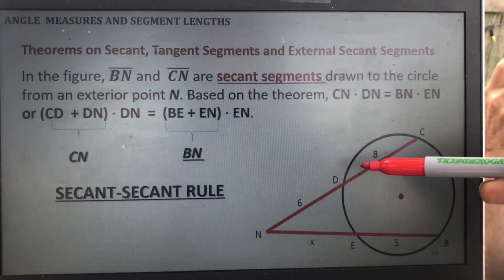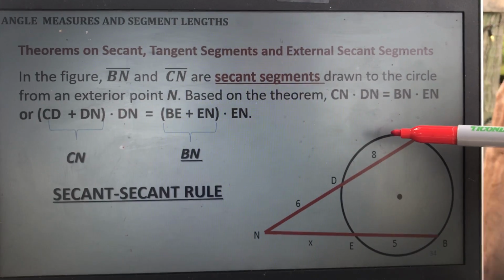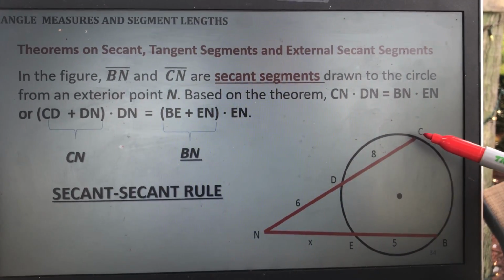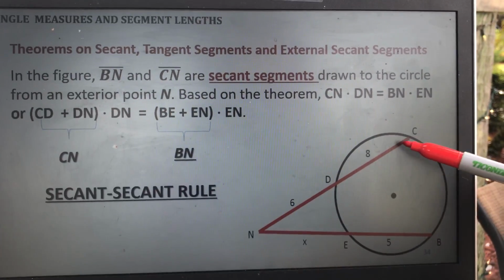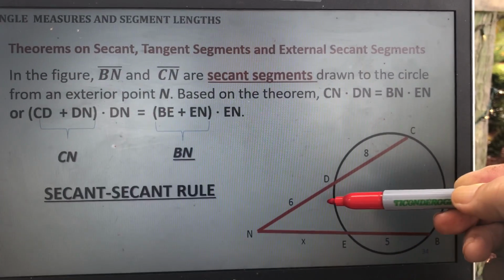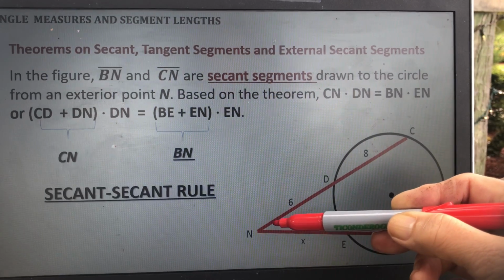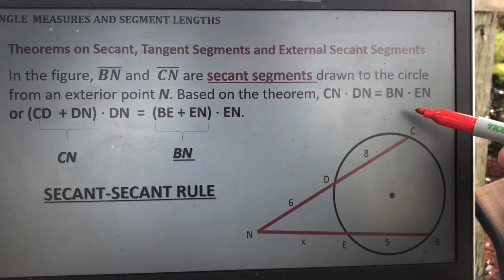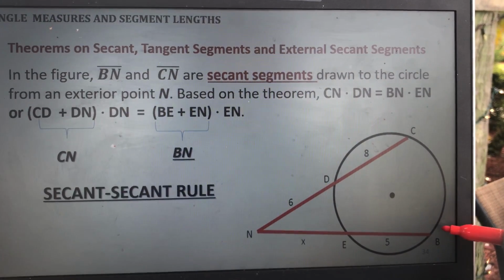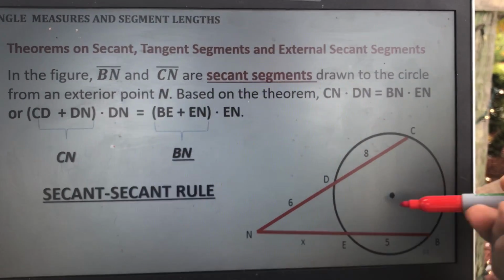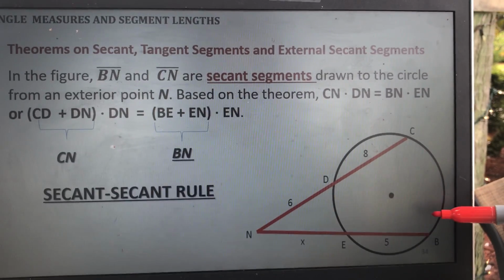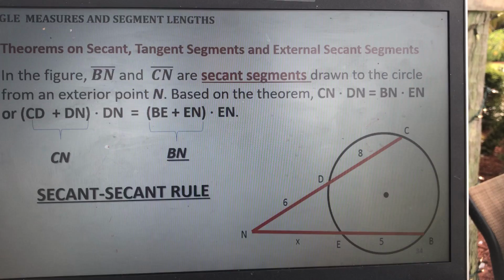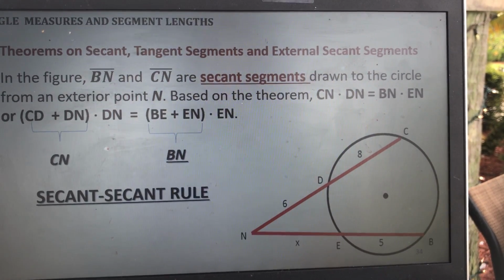So based on our theorem, which is the secant rule, the product of the distance from C to N, which is this distance, times DN, which is the external segment within secant CN, is going to be equal to the product of secant segment BN times EN, which is the external segment of secant BN.